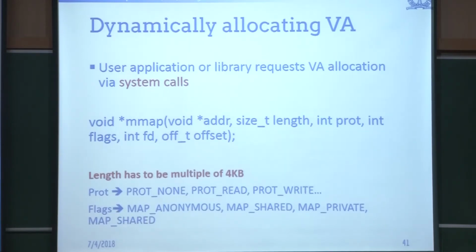What generally you ask for from the application is a given amount of virtual address space to be allocated. You do not say where in the virtual address space it should be allocated. In some cases, for example, the loader or linker sometimes ask for a specific address in the virtual address space. I need this region, but most of the time it is null.